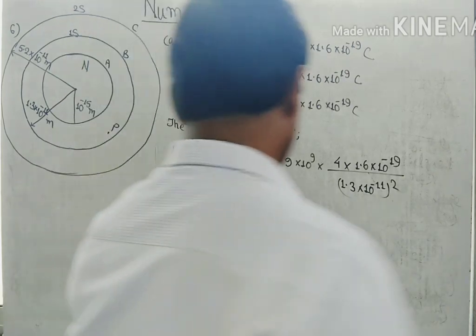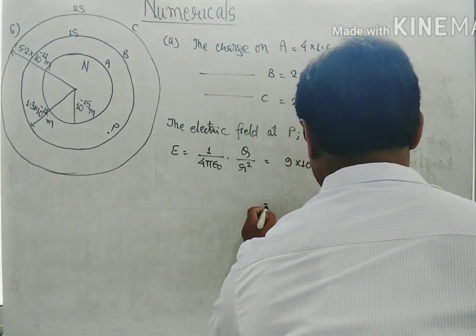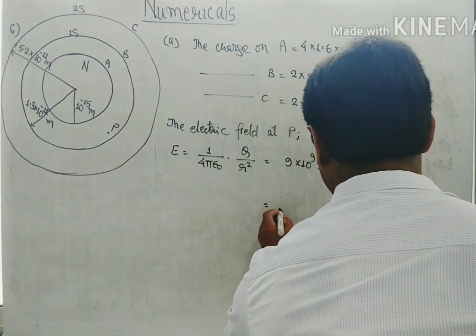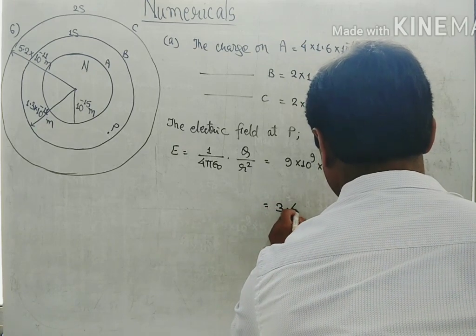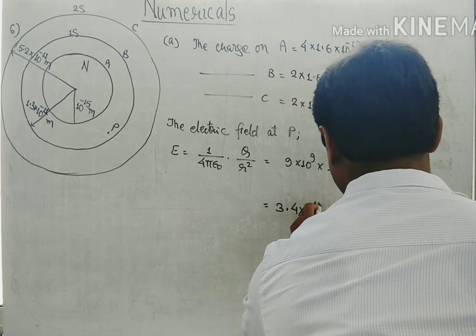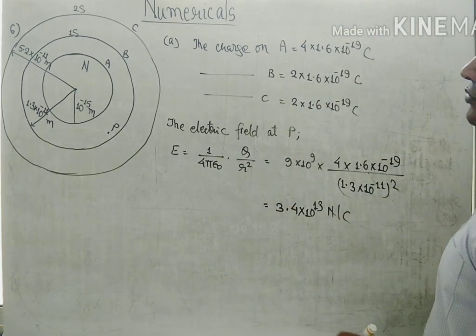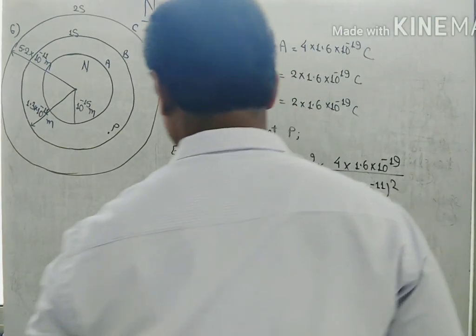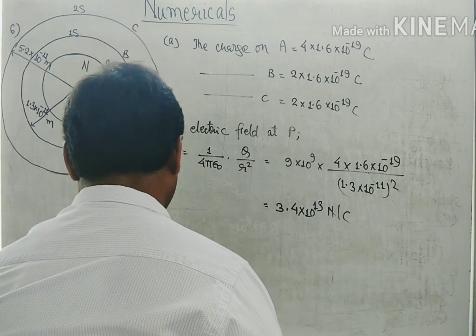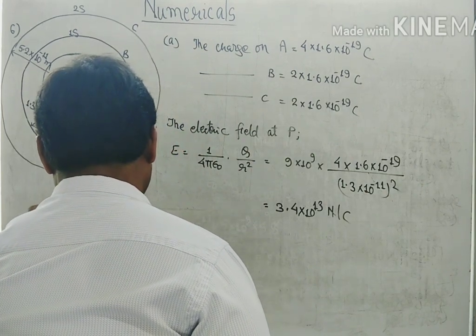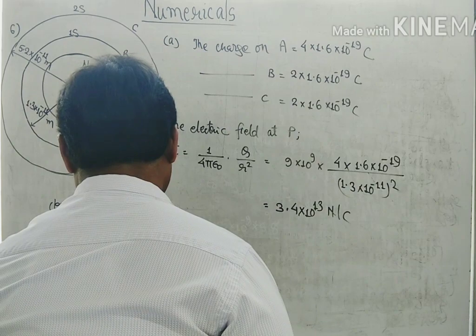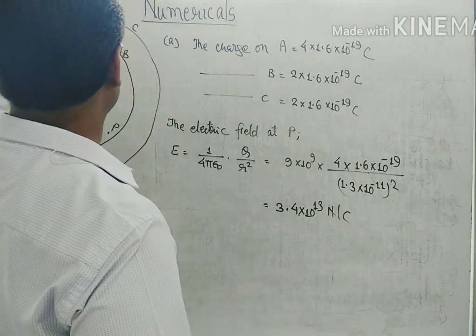Okay, so students, you just try to solve it on your own. As you solve it, you'll be getting the answer approximately 3.4 into 10 to the power 13 Newton per Coulomb as the electric field intensity. Okay, now for the second one, part B, the electric field intensity at a point just inside this 2s.